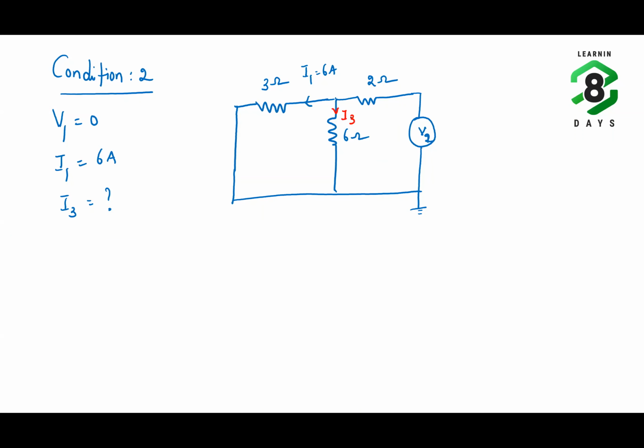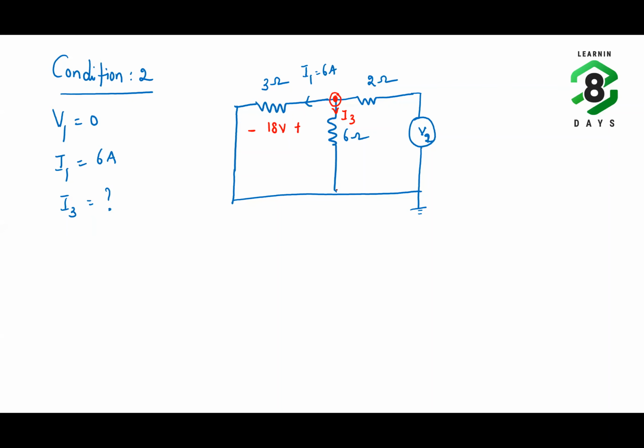Okay. Now if 6 ampere flows through this one, the voltage drop across the 3 ohm resistor will be, current entering terminal is marked positive, current leaving terminal is negative. So the total voltage drop across this is 6 into 3, 18 volt. Understand? Now if you can observe, the 6 ohm and 3 ohm are in parallel.